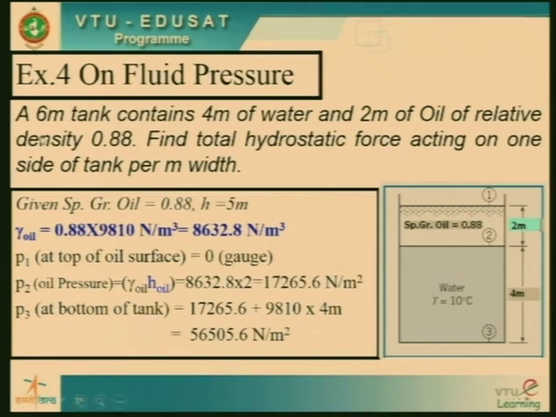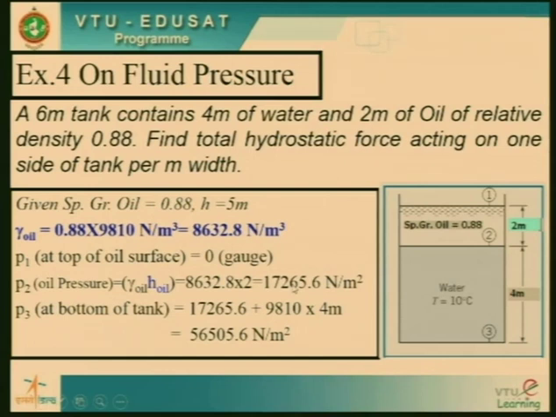We go on the same line. On the top of the tank is atmosphere, so P1 will be 0 as mentioned here. P2 will be the oil pressure, gamma oil into H oil: 0.88 into 9810 into the height, which is 2 meter as mentioned here.